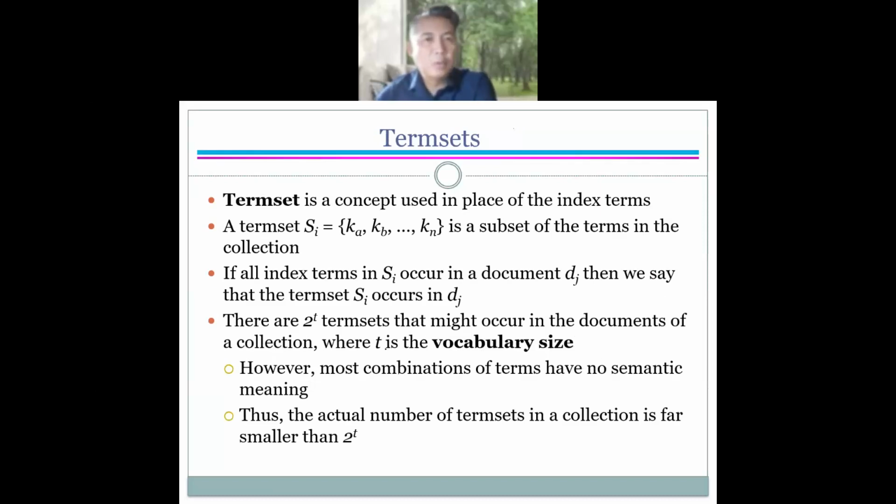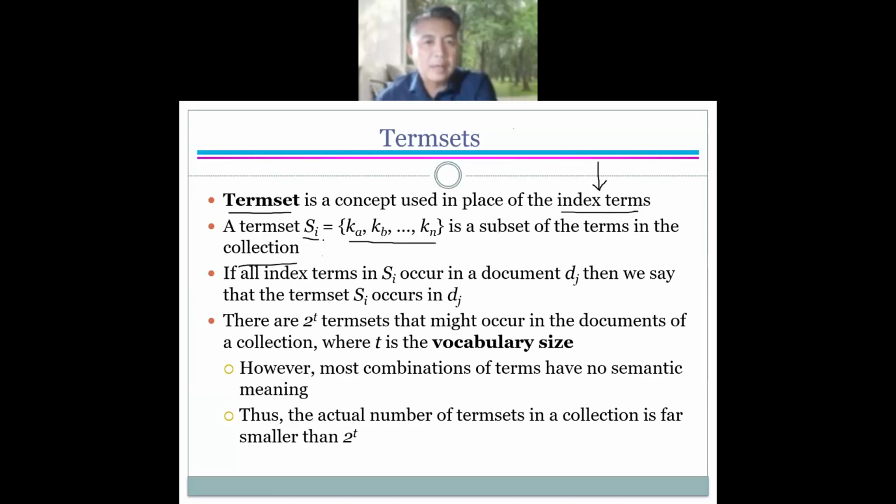To define it, the term set is a concept used in place of index term. So this is for a single index term, but the term set here refers to a set of terms. That's why we use S here, because it represents sets. A term set is a subset of the terms in the collection.